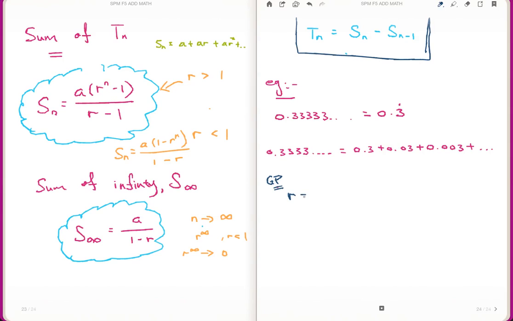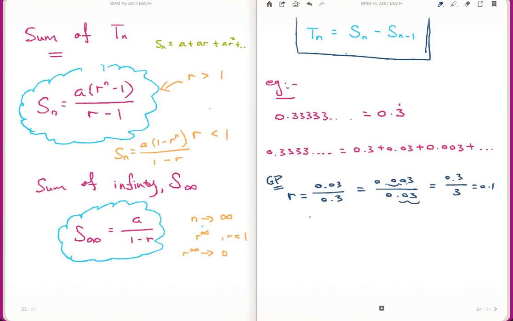Our common ratio is 0.03 over 0.3, which equals 0.003 over 0.03, which turns out to be 0.3 over 3, which is 0.1.